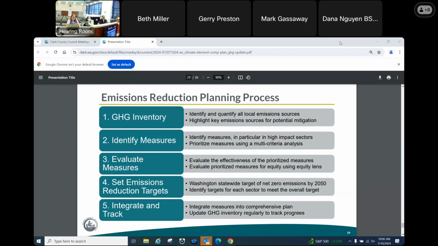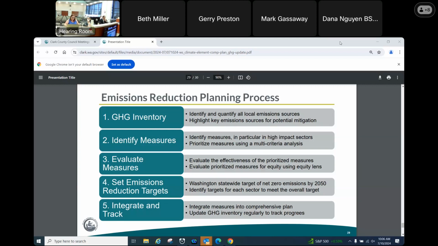The fourth step in this process is to set emissions reductions targets. As I mentioned before, Washington has a statewide target of net zero emissions by 2050. So that doesn't mean that we can't do anything. It just means that on the net, so including sequestration activities, we would have zero emissions. And so we will be looking at different targets for each sector for Clark County to get to that net zero overall goal.